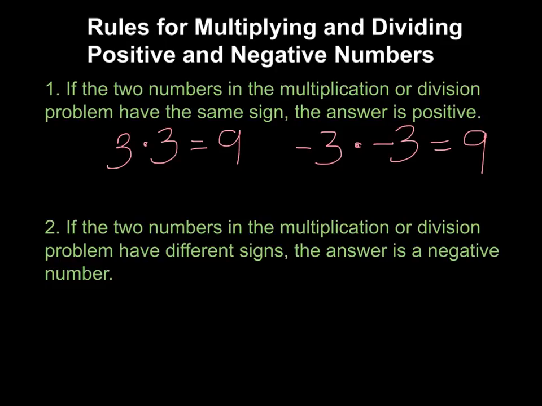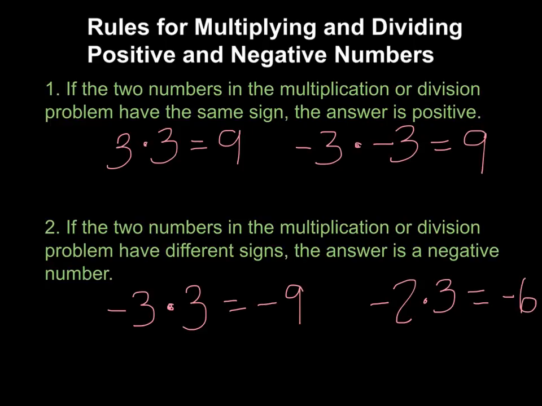The second rule is if the two numbers have different signs, then the answer is a negative number. So, negative 3 times a positive 3 is a negative 9. Same thing, negative 2 times a positive 3 is a negative 6. So the only time our answer will be negative is if they have different signs.